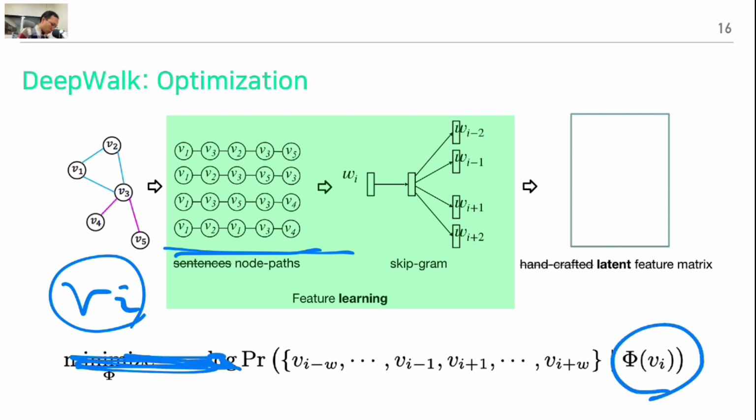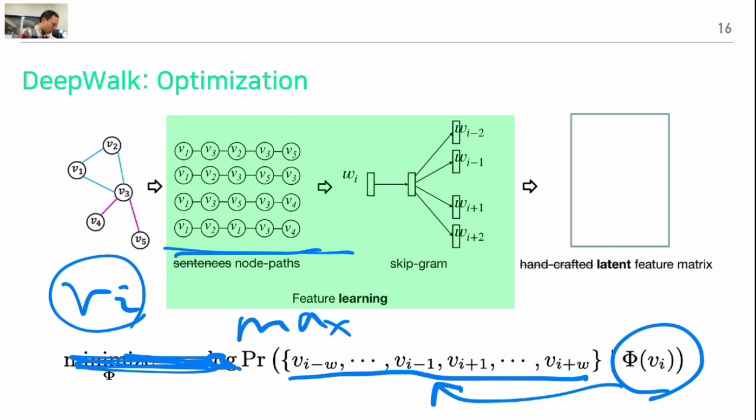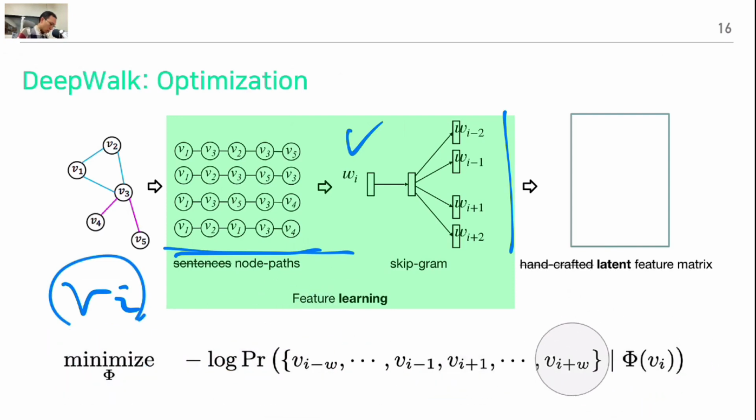From this, we try to maximize the probability of the appearance of this context node, right? We try to maximize. It's straightforward, right? From this, we try to predict their neighbor, the context, right? Instead of maximizing, we put a negative sign and minimize.